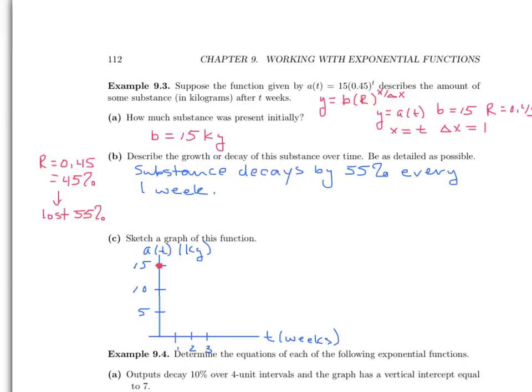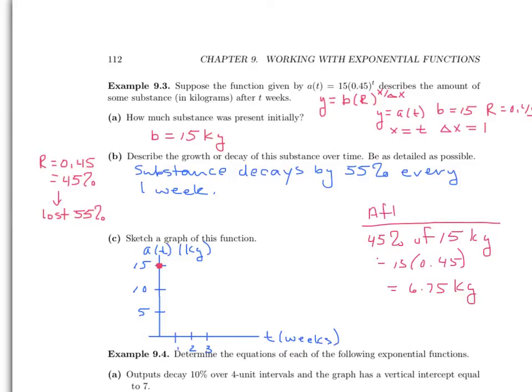If I take 15 kilograms and multiply by the decay factor, I get 6.75 kilograms. So that's how much is remaining after 1 week. On our graph, after 1 week, we should be down to 6.75, which is about here.